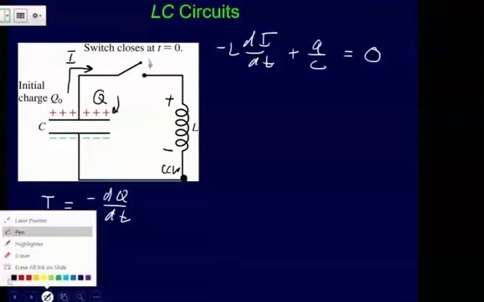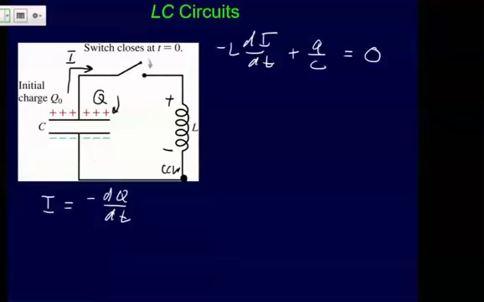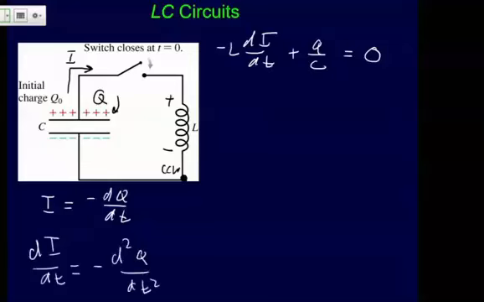It'll mirror what happens to the one on the bottom. Then di/dt is equal to negative d squared q/dt squared, the second derivative of q with respect to t.